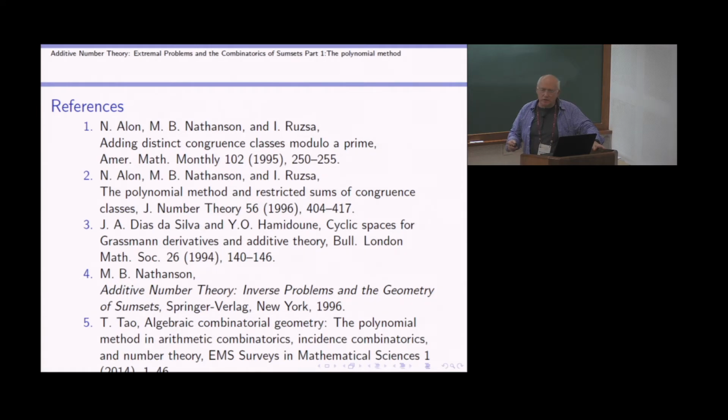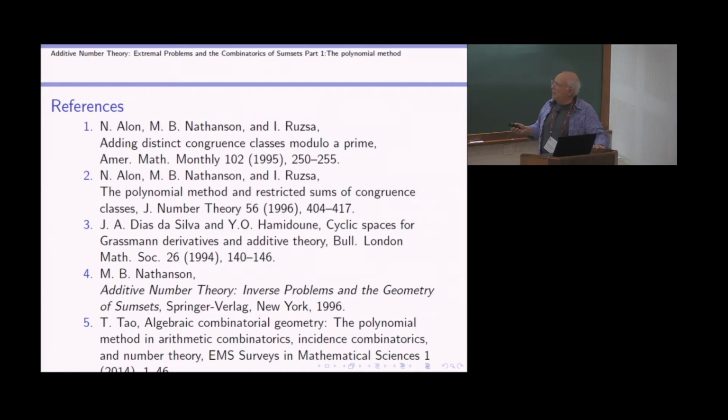That's a little bit more complicated. In our paper in the Monthly, we just did the case h equal 2. In the paper in the Journal of Number Theory, we did the general case. And the general case is also exposed in this book.